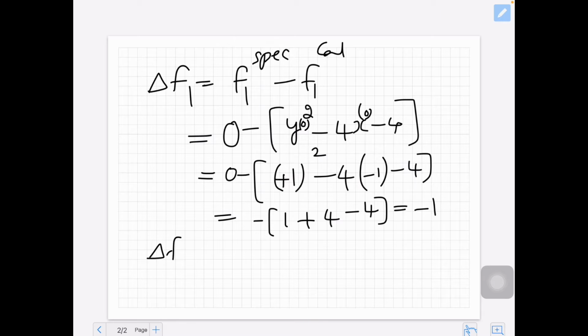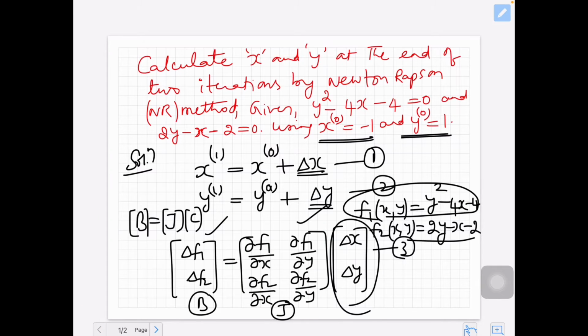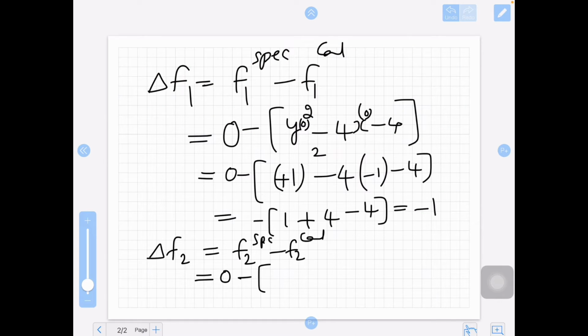Similarly, you can find delta F2, that is F2 specified minus F2 calculated. F2 specified is 0, and F2 calculated is given by 2y minus x minus 2.